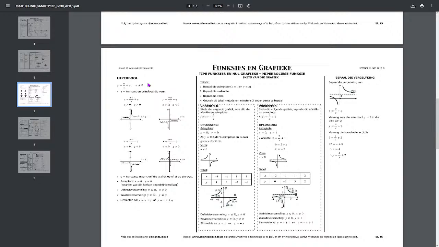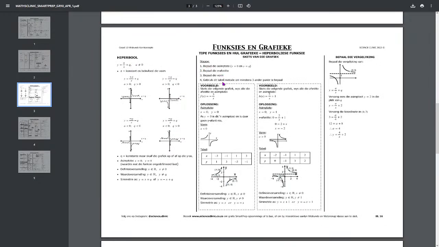So what you're gonna want to do essentially, we're gonna look at this guy over here. This is gonna give us some questions to do, and then we will work from there. So the steps are for us to decide where the asymptote sits.